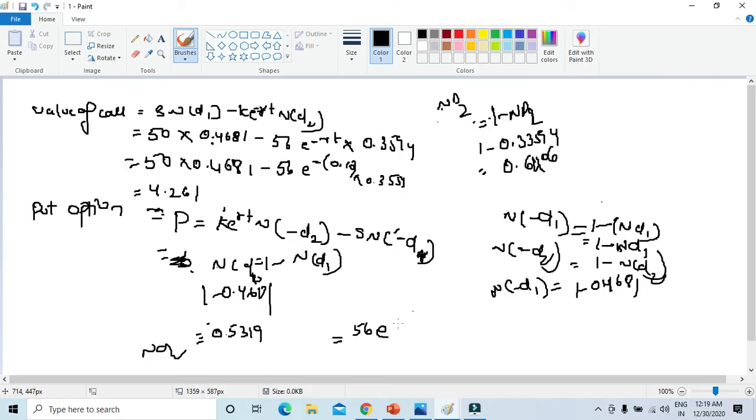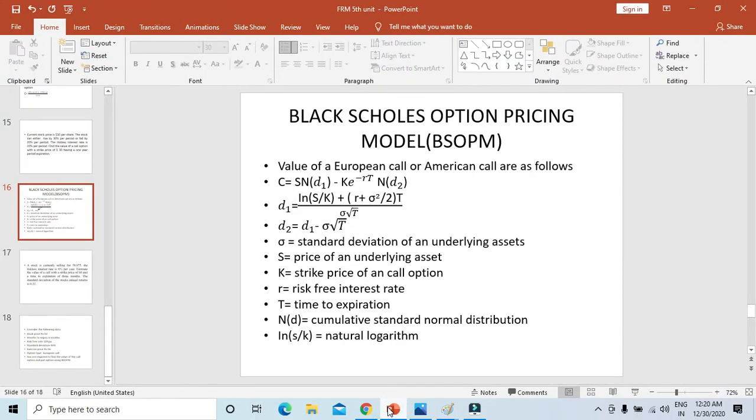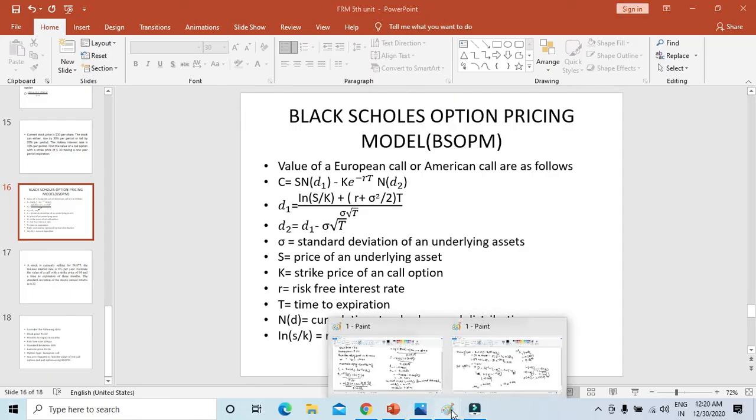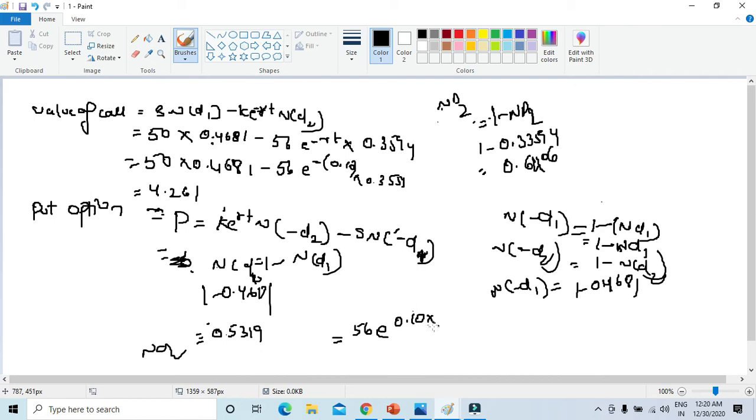R is how much? 0.10, and T is 6 by 12, which is 0.5. So 56 e to the power of minus 0.10 into 0.5.